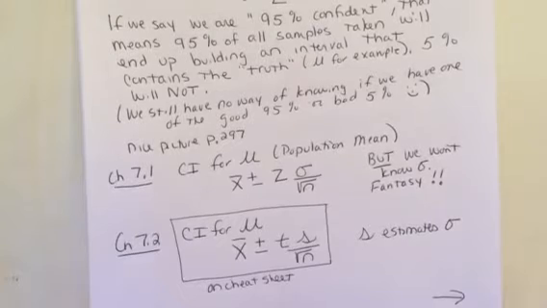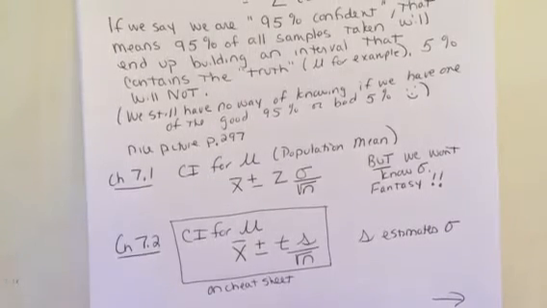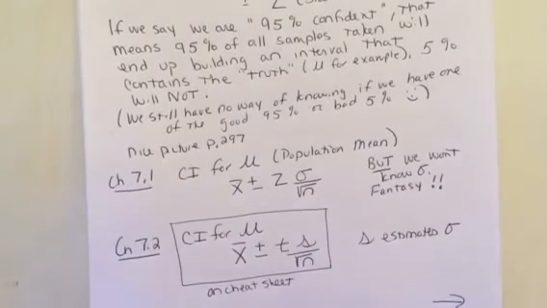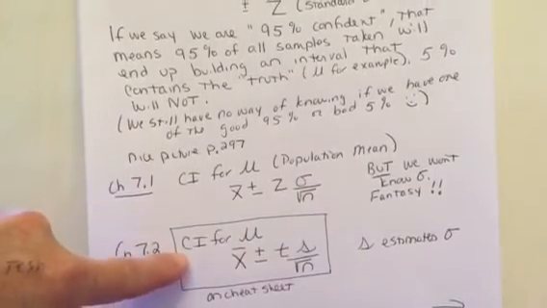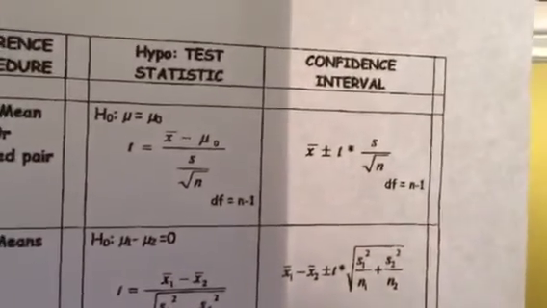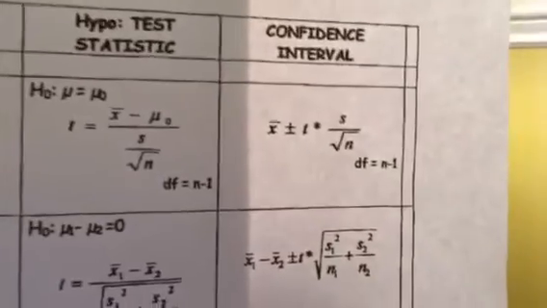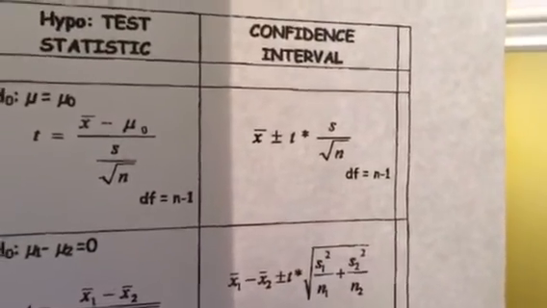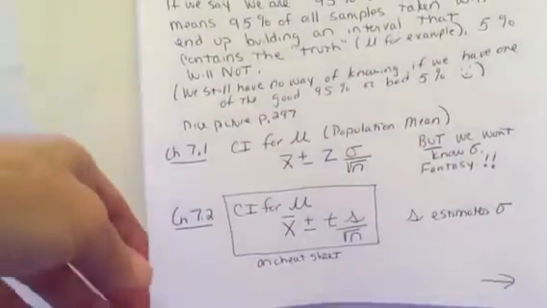I will tell you the t values are very similar to the z values. Before I keep talking about that, I want to point out that this formula is on your cheat sheet. If you look at your cheat sheet, under confidence interval for one mean, there is the formula. So you do not have to memorize that.